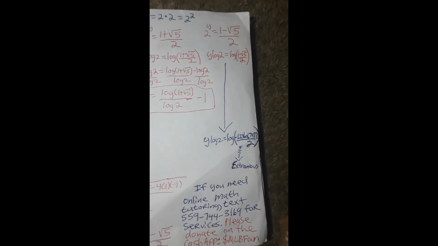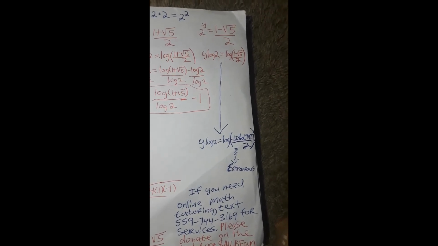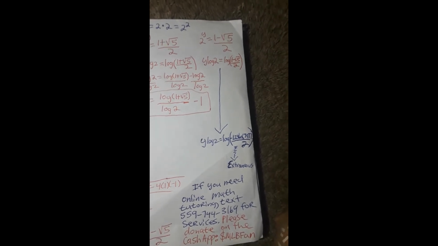So in the calculator, we want to put 1 minus square root of 5 and get that solution. And we notice that it's going to equal negative 1.236067977, and then divide that by 2.